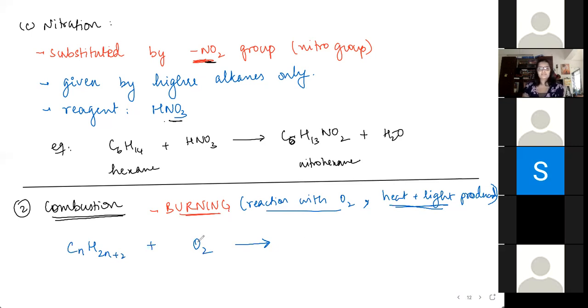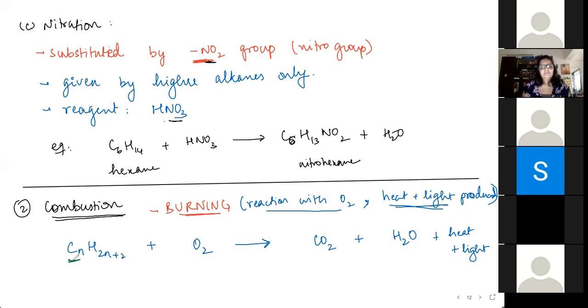Complete combustion matlab both carbon and hydrogen are oxidized, so you get CO2 plus H2O. The key part, like when it comes to combustion of alkanes, everything is intuitive. And of course, you have plus heat and light. The key part is balancing the equation, which again is pretty easy to do.